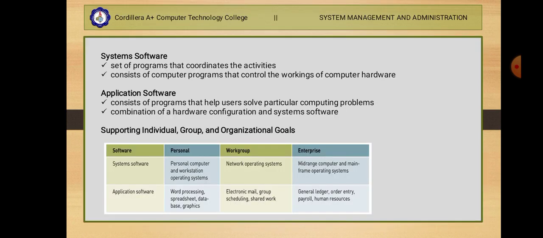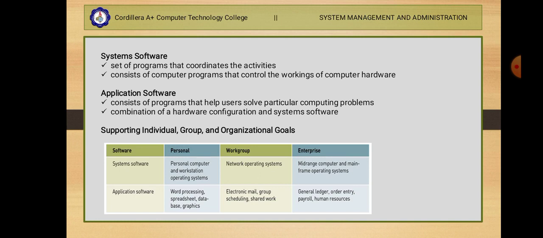But before that, software consists of computer programs that could control the working of computer hardware. So hindi naman mag-work yung software kung wala namang hardware. Okay, so yung mga computer programs are a sequence of instructions para dun sa computer.